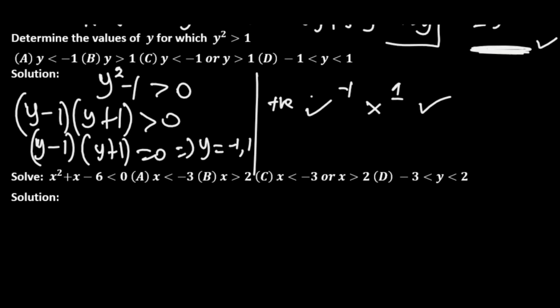So my answers are numbers x less than minus 1 or x greater than 1. So once the middle fails, these two must satisfy. But if the middle satisfies, the two will fail. So our answer is this.